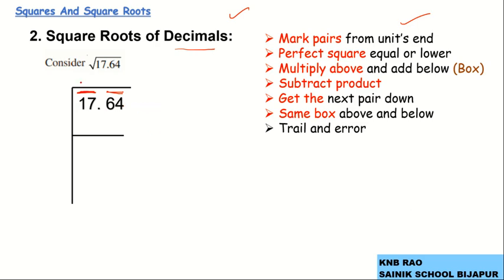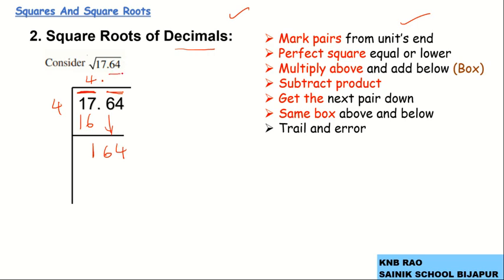Now 4 4s are 16, and 17 minus 16 is 1, and from the next pair 64 comes, and since we took from the decimal point here in quotient place, this becomes the decimal point.